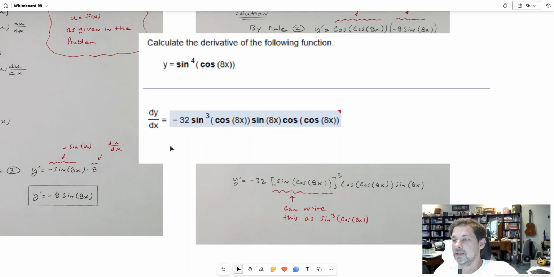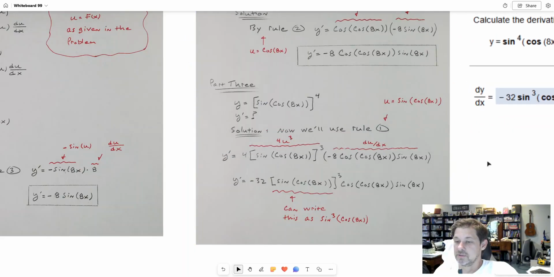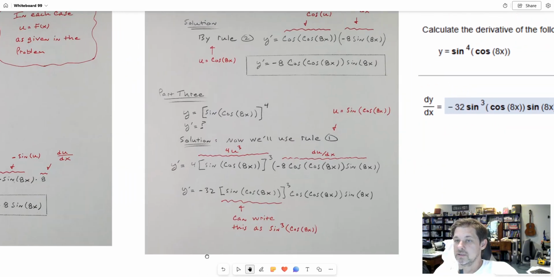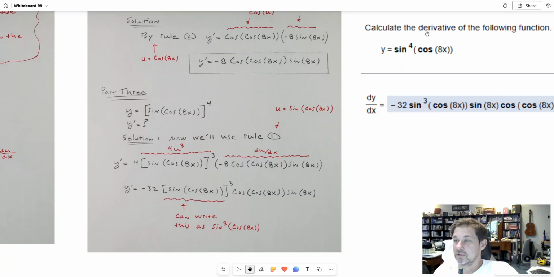All right, so that's how I would think about this one if I was to show you how to do it. If you were to just start with the problem right away, like I mentioned, you maybe do this part. You bring that power down, you take away 1, you get the 4 and the 3, but then you've got to find the derivative of that function in there, that u, okay? That's what this part is.